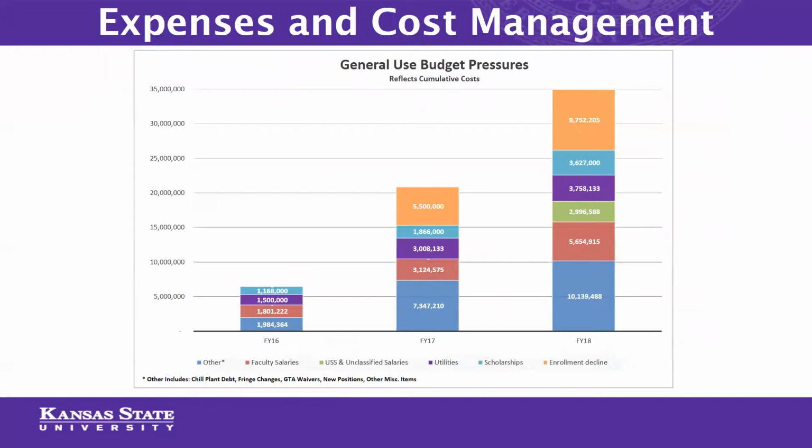This slide I threw in to give a perspective of the costs that hit our GU budget every year. What are we facing as an institution that we are trying to address every year when we're balancing our budget? Primarily, let's talk about the purple line here. That is meant to be utilities costs, and these numbers are cumulative every year.